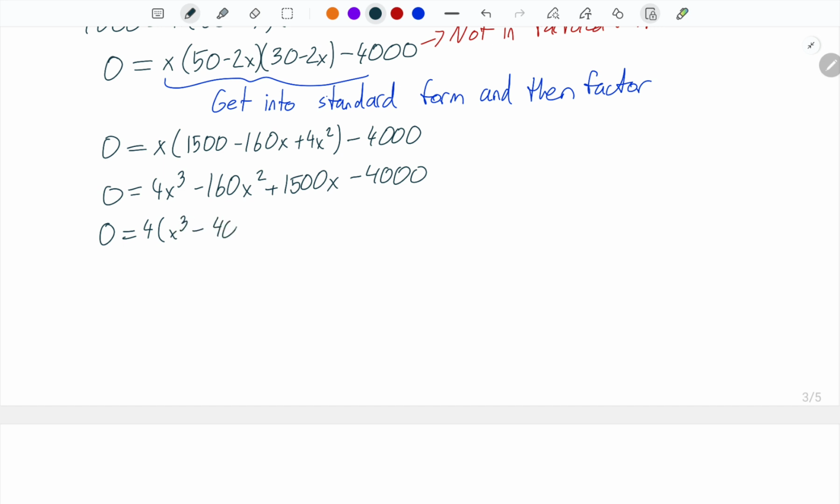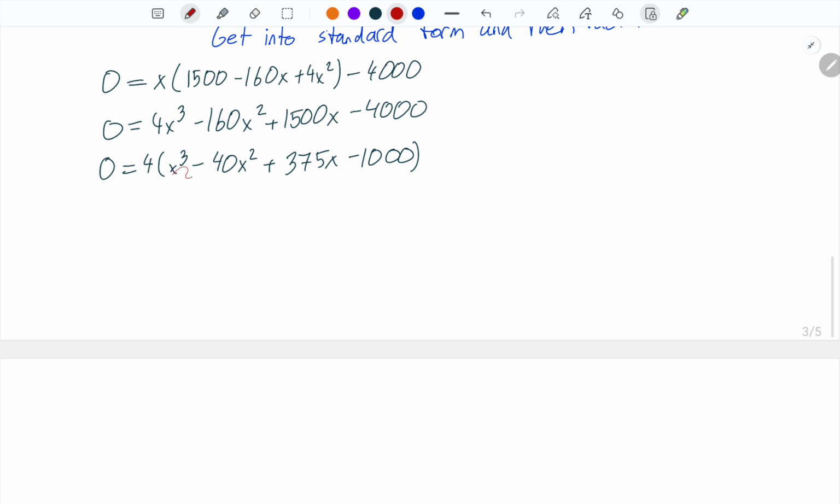So factor that out, and you are left with x cubed minus 40x squared. 1,500 is actually 375 then, after you divide by 4. And then minus 1,000. Okay, so now what are we going to do? We're going to factor this, which again means use factor theorem.